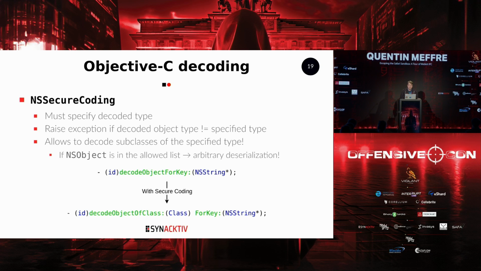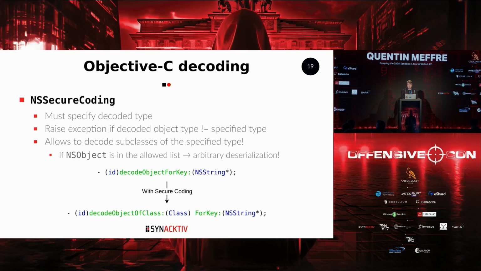The first one, which is pretty old now, is NSSecureCoding. Basically, before NSSecureCoding, the decode function didn't need to specify the type of the decoded object, which allowed an attacker to usually decode arbitrary Objective-C objects in a remote process, and this is a very powerful primitive.